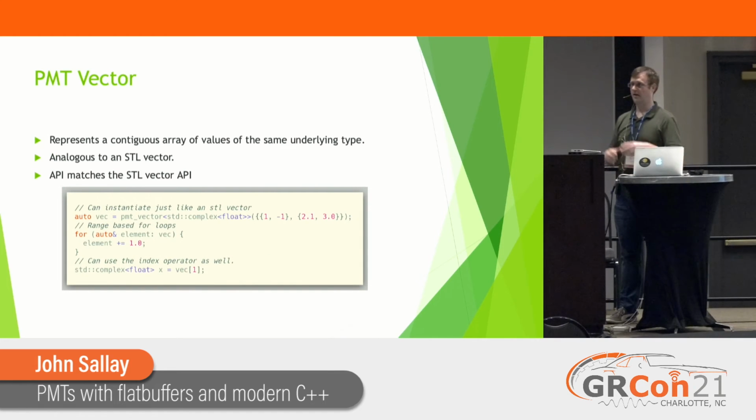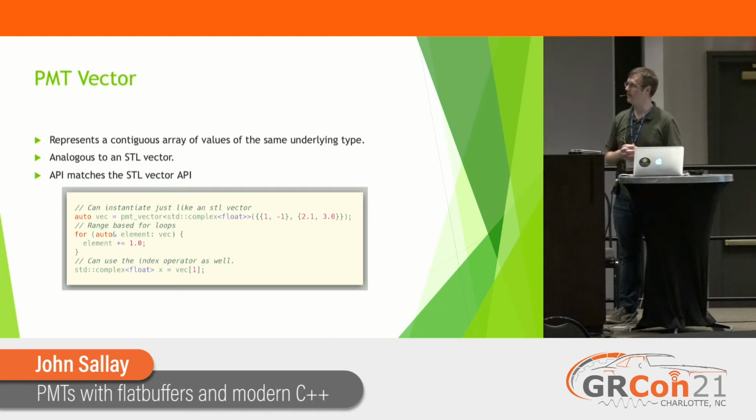The next type is a PMT vector. So this is a contiguous array of data of the same type. So the current PMT equivalent would be a uniform vector. The goal here is for this to feel like you're using a standard template library vector. And so the API matches the STL vector as closely as possible.